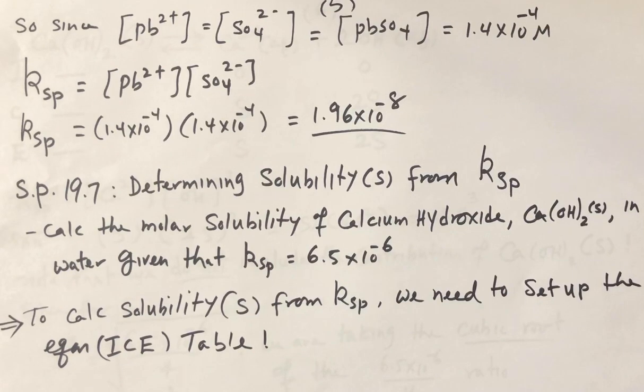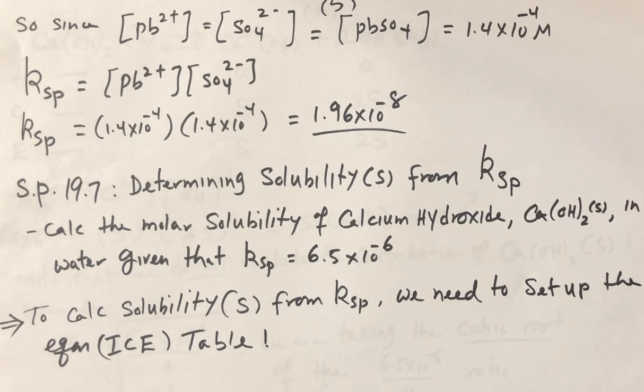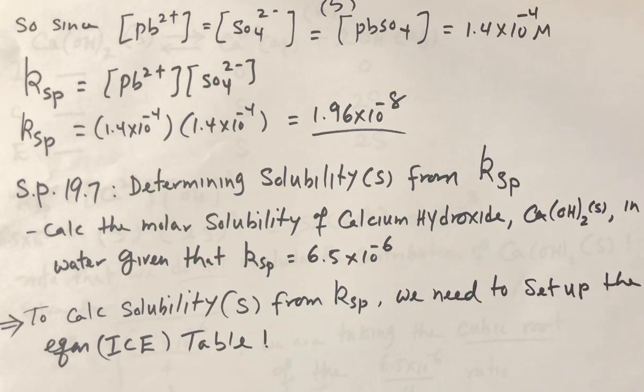Okay, so the next sample problem is actually a more important sample problem because it basically tells us how to calculate the solubility, which is frequently needed from the KSP data.